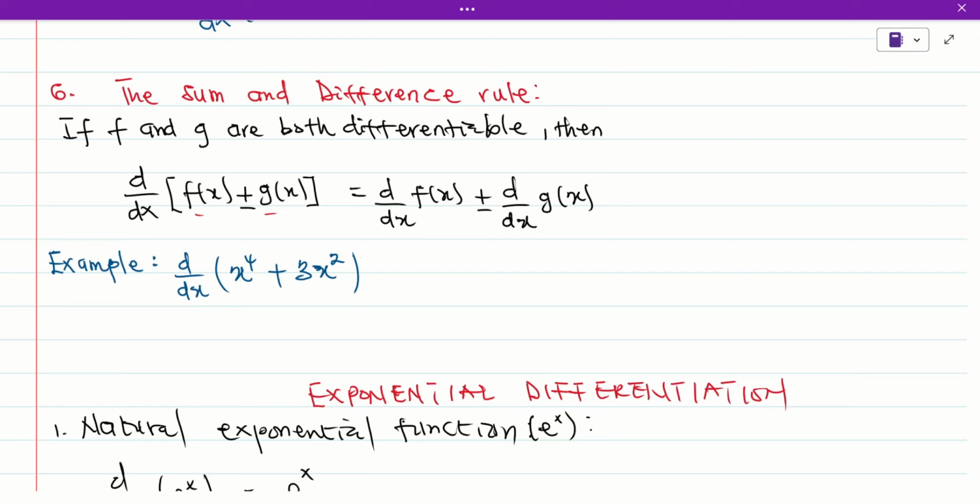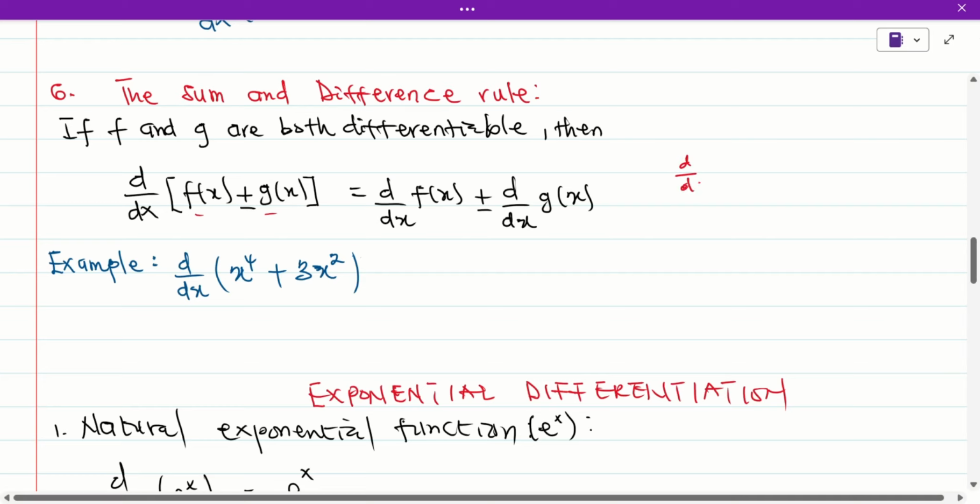It's like you multiplying through the d/dx. So I can differentiate f of x, then plus or minus the differential of g of x. Do you get it?